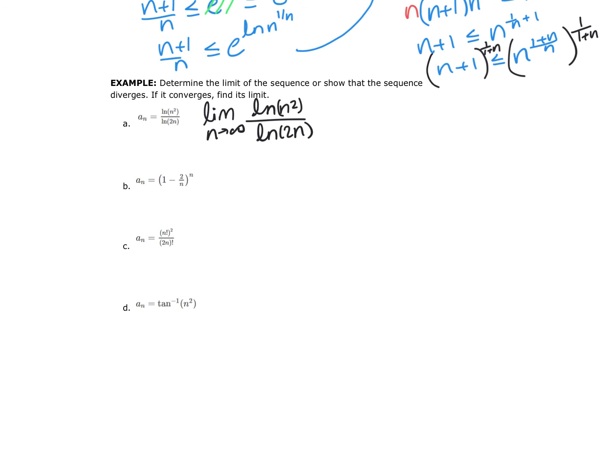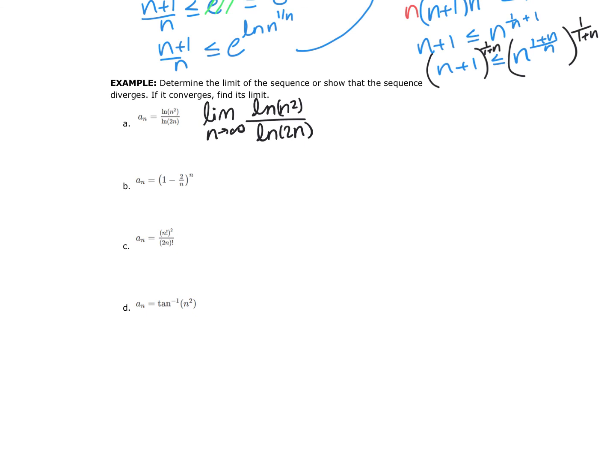I'm not asking whether this is a monotone sequence, increasing or decreasing. I'm just asking to decide whether or not it converges. I could look to see if it's bounded, but just because it's bounded doesn't mean it's going to converge, and just because it's unbounded doesn't necessarily mean it is going to diverge.